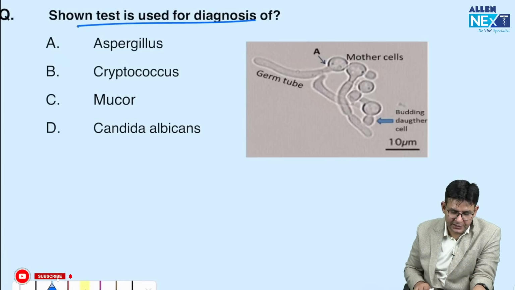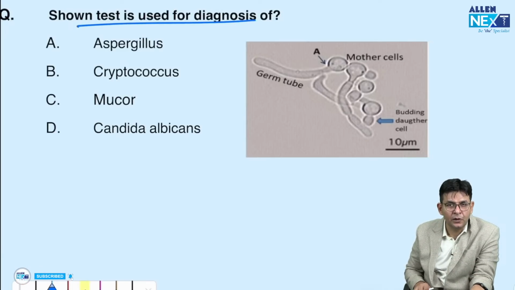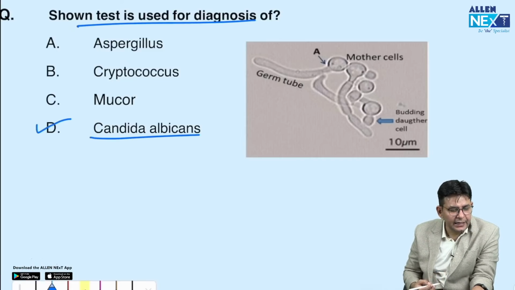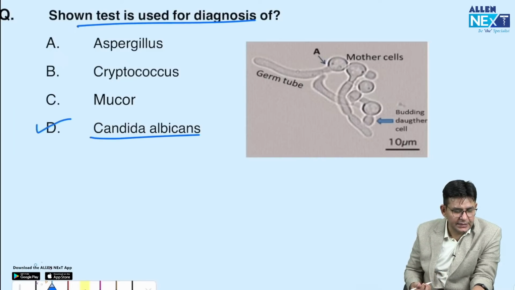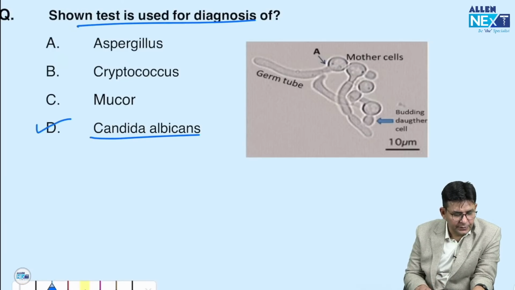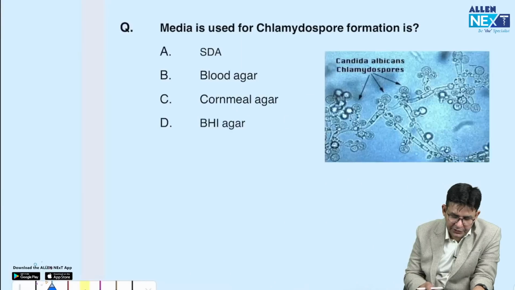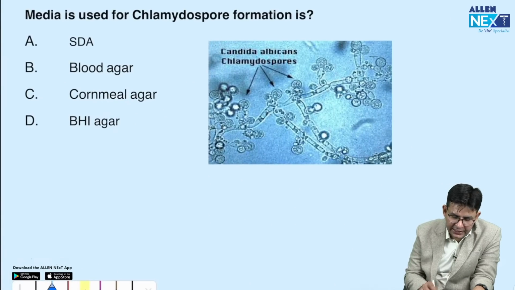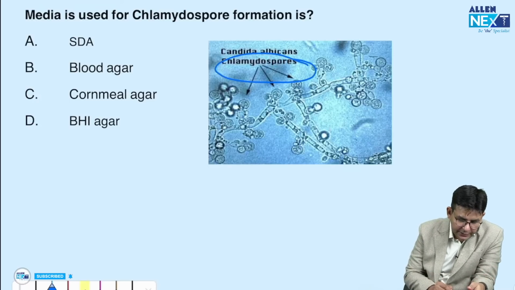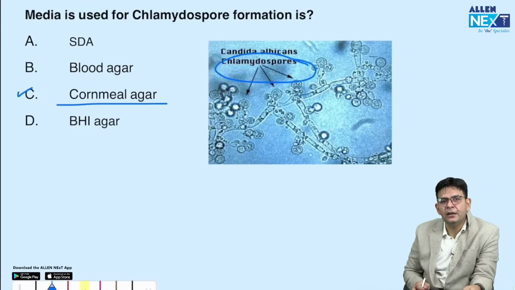This is the germ tube test, also termed Reynolds-Braude phenomenon, and it is shown by Candida albicans. It produces germ tube formation. Along with that, it also produces spores termed chlamydospores, which are produced on a nutrient deficient media termed corn meal agar.